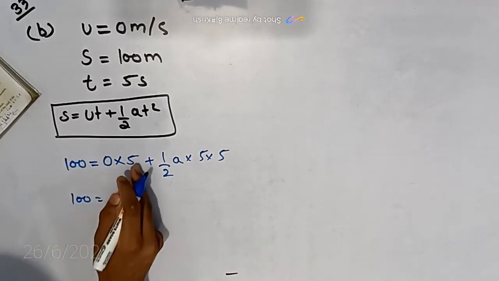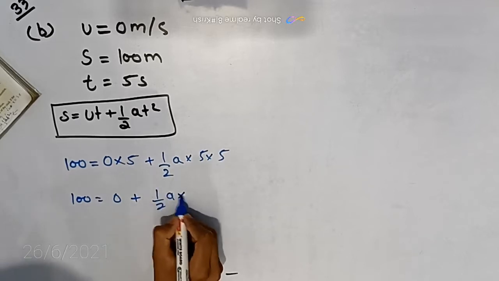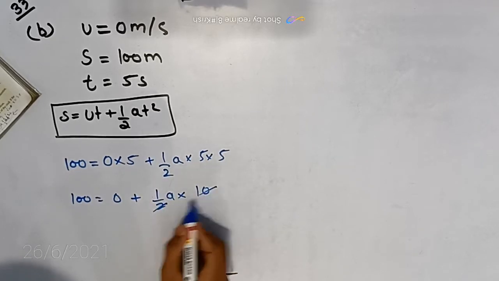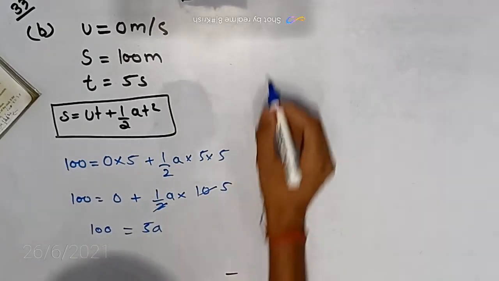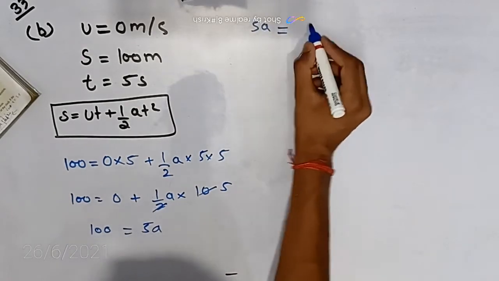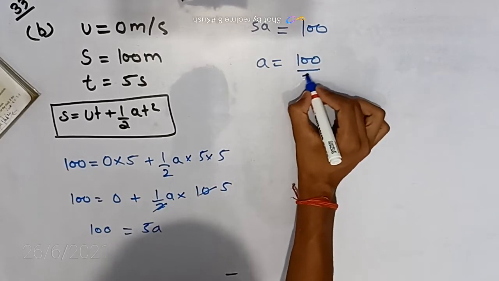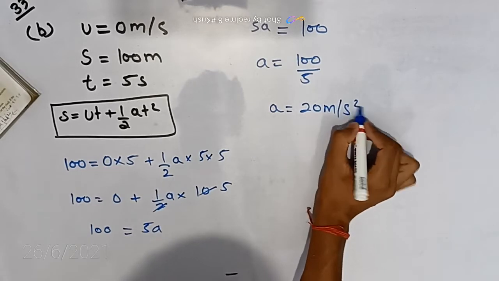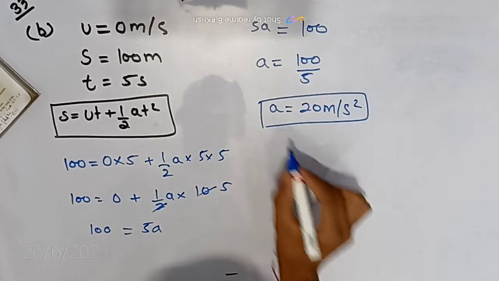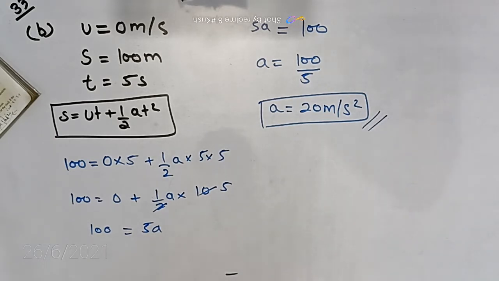So 100 equals 0 plus 1 upon 2 a into 25. 100 is equal to 25a upon 2... so 5a equals 100, a equals 100 upon 5, a equals 20 meter per second square. So friends, the value of our acceleration is 20 meter per second square. So this was our answer of numerical number 33b.